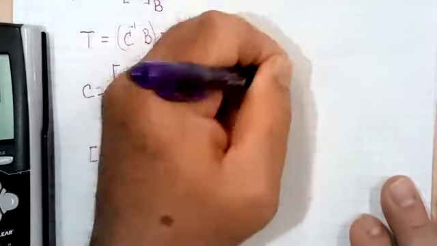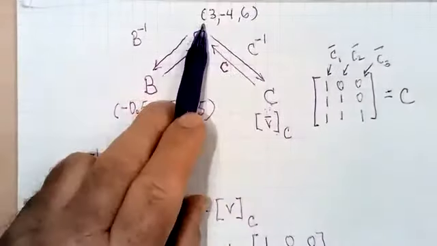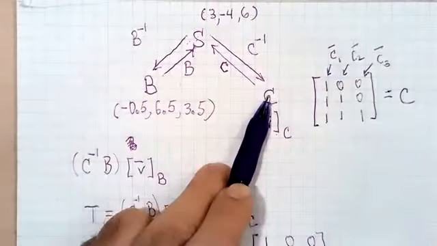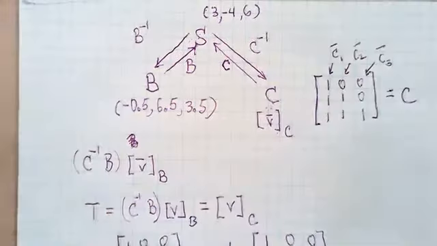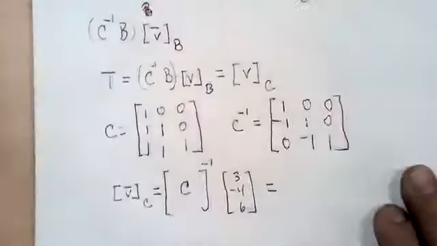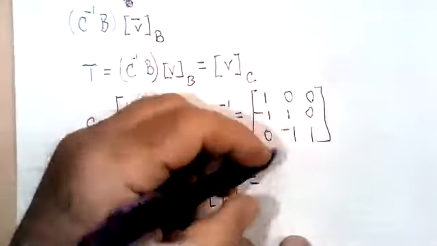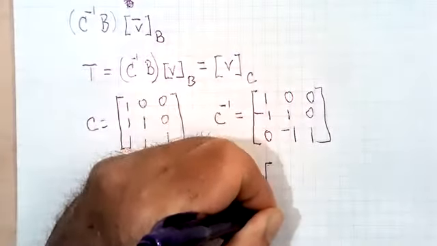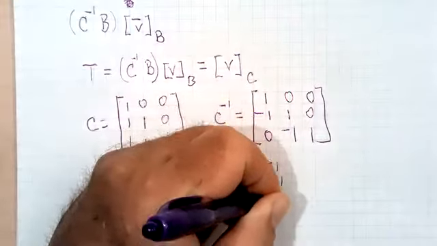Okay, so what are the coordinates of this point relative to the C basis? Well, the answer is you take C inverse, which I've now just figured out, or really my calculator figured it out for me.